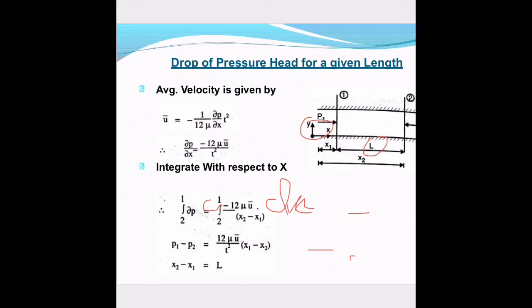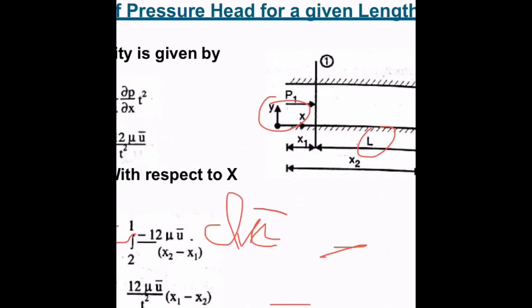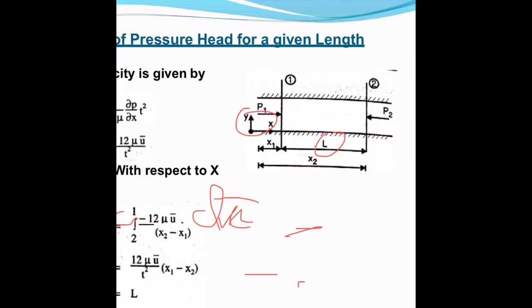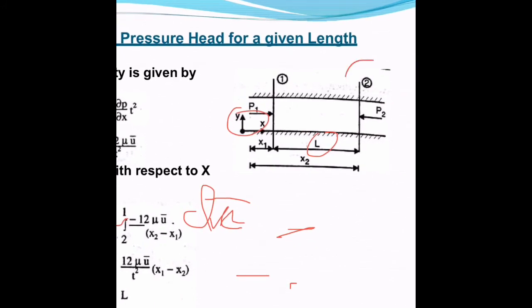So, we have to integrate from 1 to 2. 1 to 2 means from cross section 1 to cross section 2, we have to find out the drop of pressure.